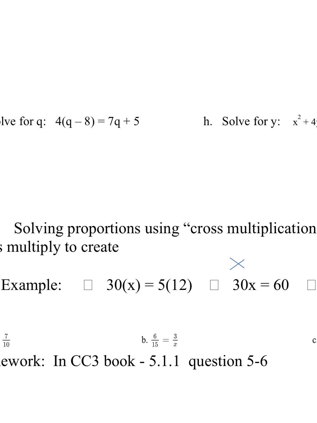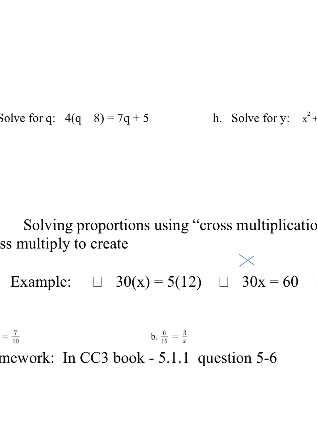And this x squared is actually over here, plus x squared over here, so this is not here. So we're solving for Q. So distribute. You guys should know how to distribute by now. 4Q minus 32, because 4 times 8 is 32, equals 7q plus 5.